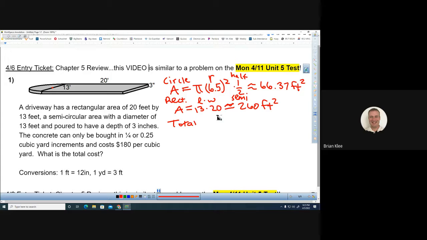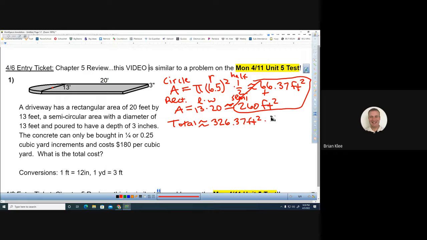So for a total, like any total, I'm simply adding these two numbers. And that puts us again at about 326.37 feet squared. Okay.